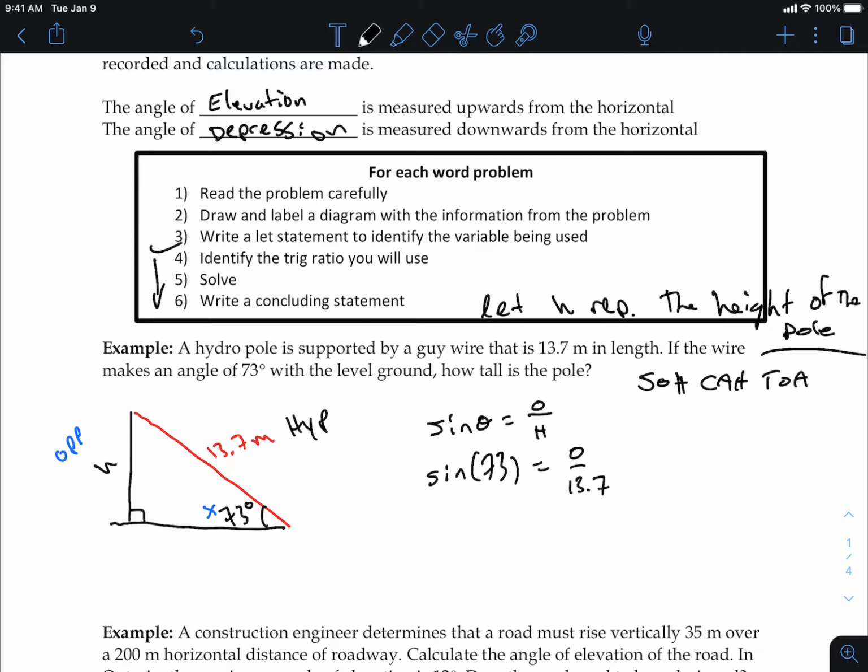I guess I should have made the substitution for opposite. Opposite was little h, not hypotenuse. It's the height of the pole. Sorry, I should have chosen a different letter instead of h. H looks like hypotenuse, but it's not. It's little h, not big H. You do whatever you want.